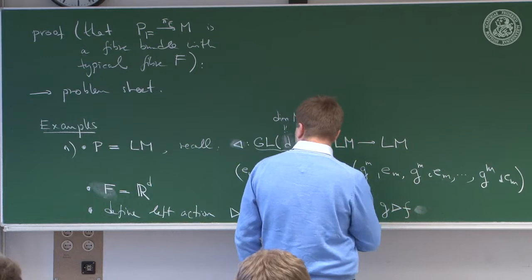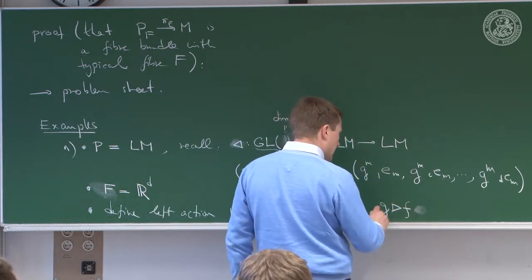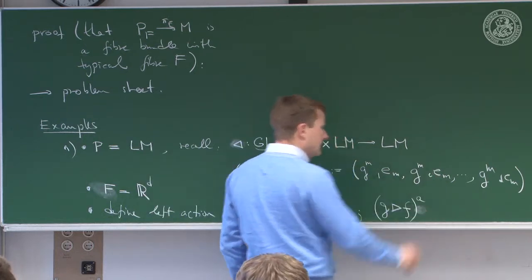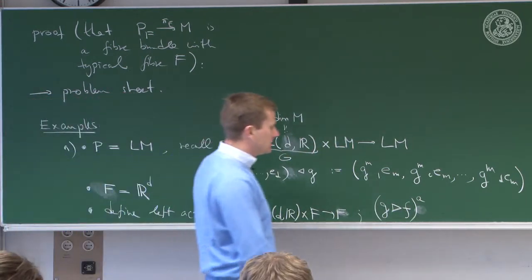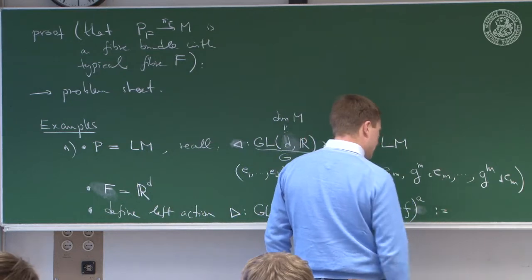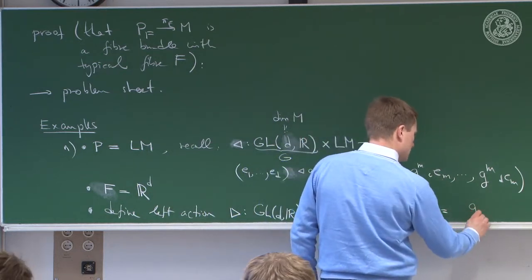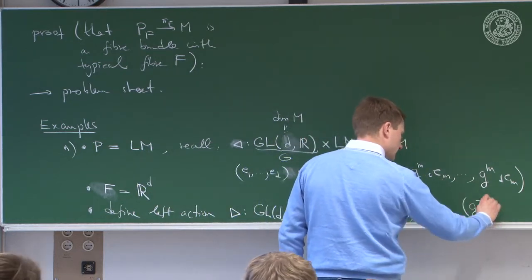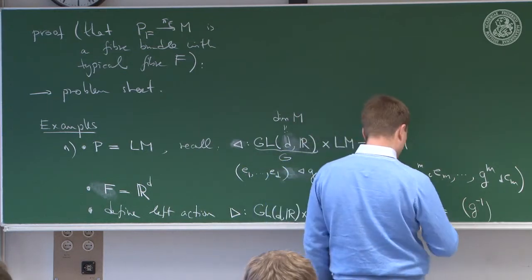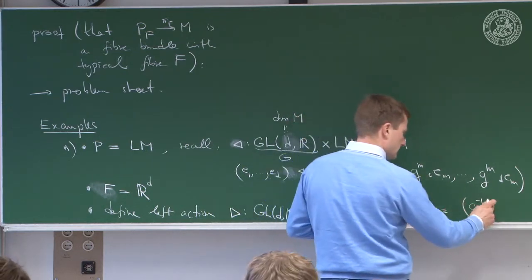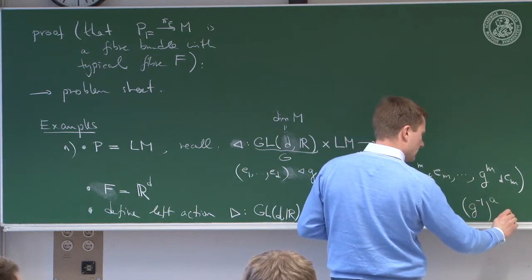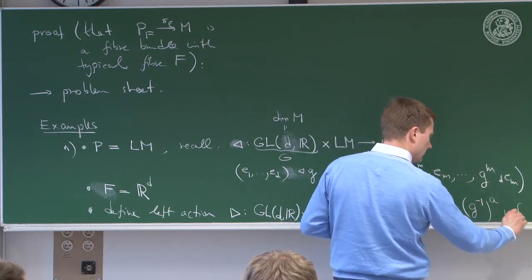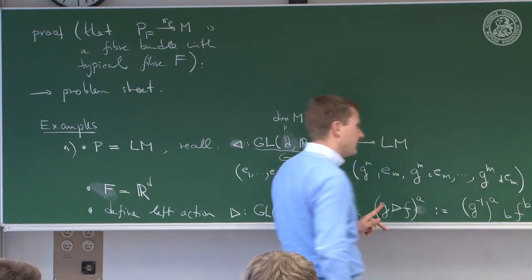The result will again lie in F, but F is an R^D, so I can write down the a-th component, a running from 1 to D, and I define this as g inverse, the inverse GL transformation with components a, b acting on f^b.